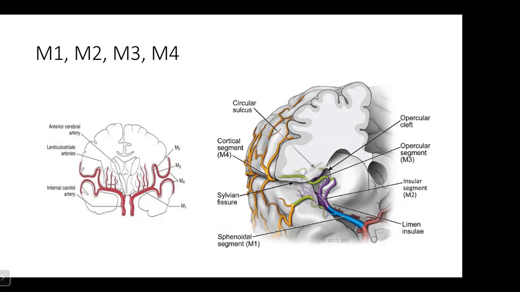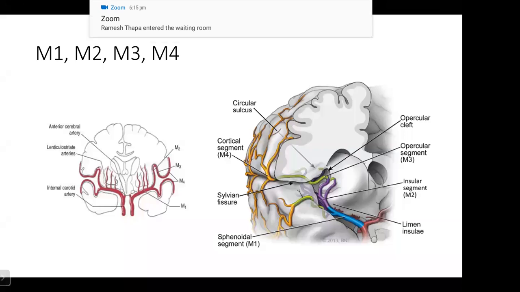It is situated in the sphenoidal part of the Sylvian fissure. At the site of termination of M1, the trunk of the middle cerebral artery takes a 90-degree turn into the posterior superior direction. Here, it divides into superior and inferior trunk.